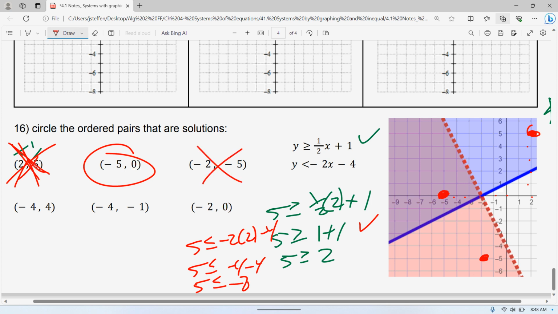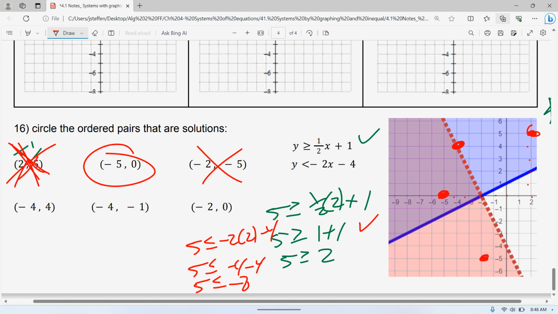Now, here's where it's going to start getting tricky, I hope. Negative 4, 4 is right on the line. If it is right on the line, it depends on if it's a solid line or a dotted line, because that's what that means. A dotted line means everything below that red line works, but if it's on the red line, it's not true. It's that underline or not underlined.